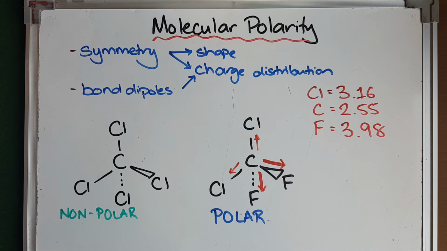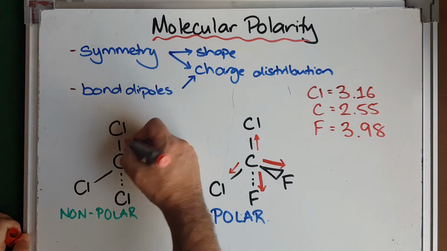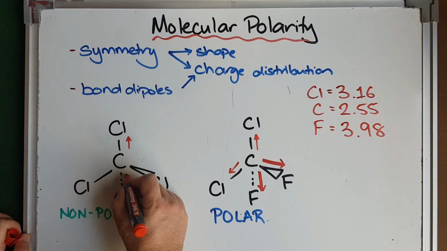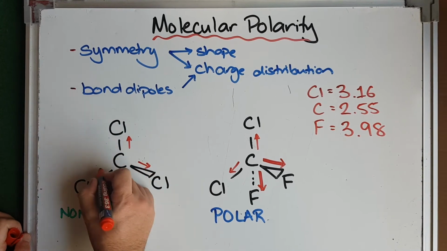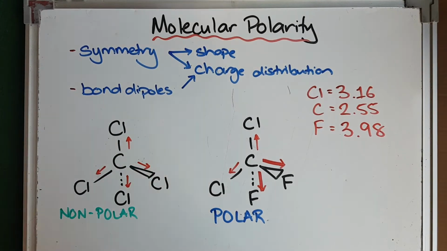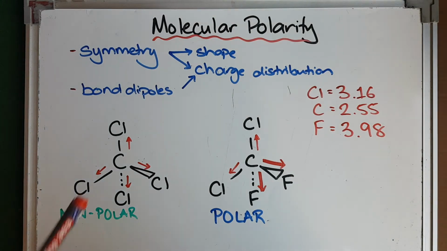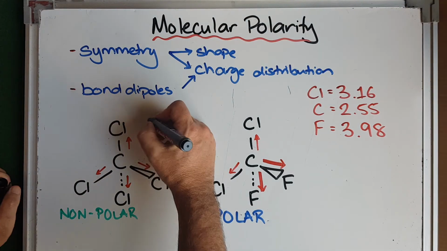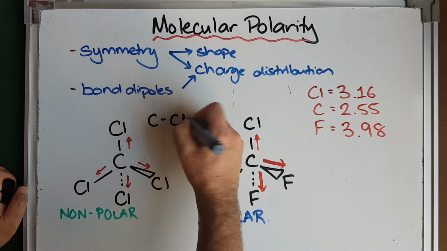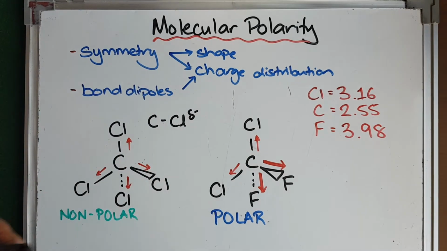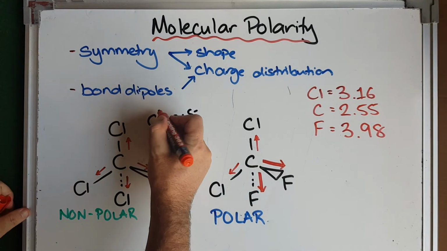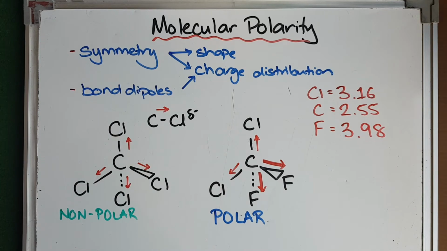So what we have here is the chlorine has got a higher electronegativity, so in every case the electrons are pulled a little bit closer to the chlorine. But because of the symmetry of shape, those dipoles, the CCl dipoles, all cancel out. So what we have in each of these is a CCl dipole where the electrons are pulled closer to the chlorine than to the carbon.